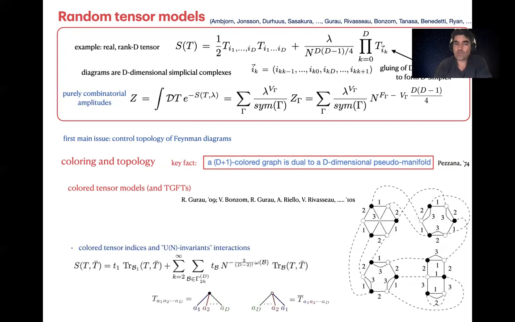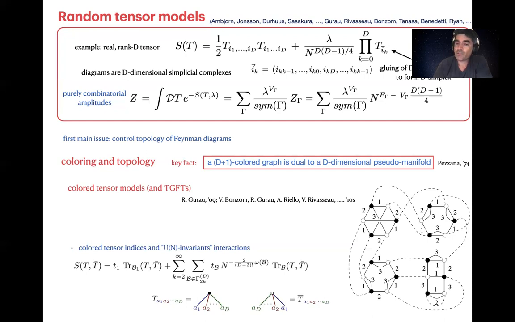A second way of introducing colors is instead to have a single tensor, but to color the indices of the tensor. And then I have as interactions the U(N) invariants that you can generate by contracting tensors along indices with the same color.